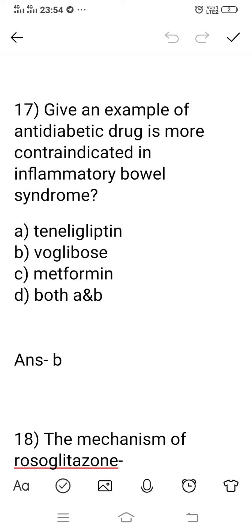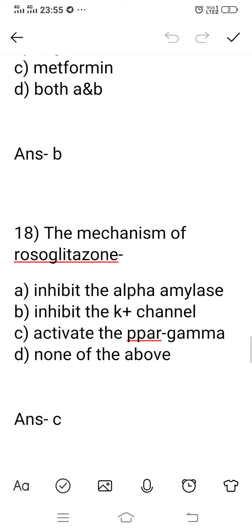As a result, a digestion problem occurs. In inflammatory bowel disease, inflammation already occurs in the patient. When voglibose is prescribed, or when the patient takes voglibose, it aggravates the inflammatory bowel disease. So the right answer is option number B.